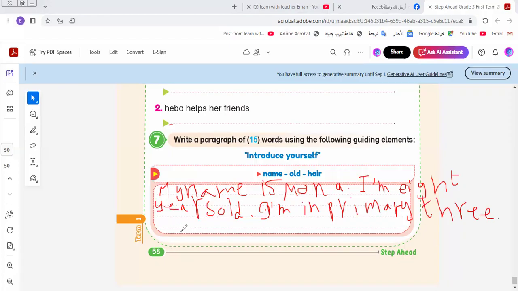I have long hair. I can say I have long hair and brown eyes, but here we say it as it is. I will say I have long hair. I would like to write the easiest sentence, to be able to write in the exam. I have long hair. Say I have long brown hair, for example.